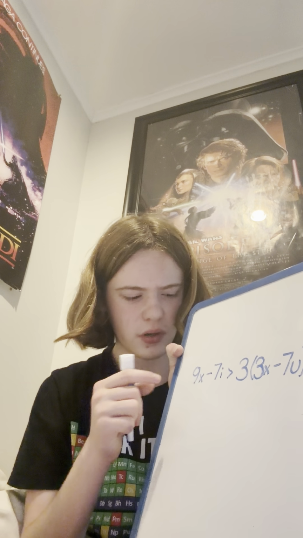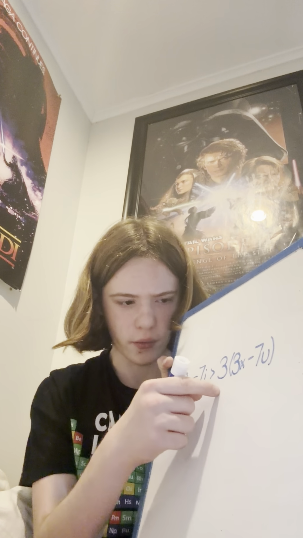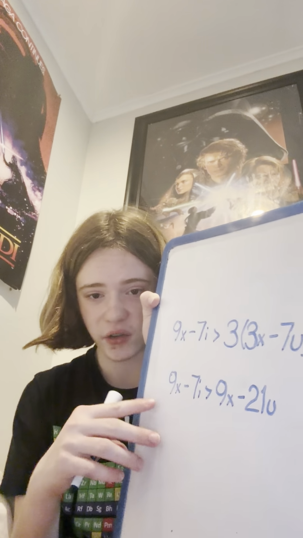So, first, let's distribute 3 to this. That leaves you with 9x minus 7i is greater than 9x minus 21u. And look, we have a 9x on both sides, so we can cancel these two out. And that leaves you with negative 7i is greater than negative 21u.